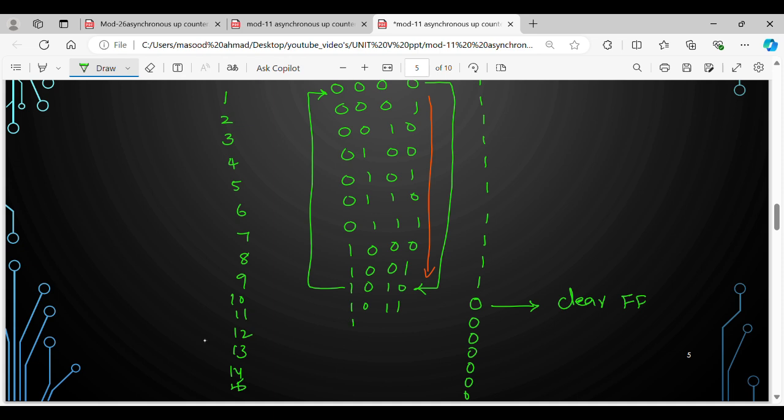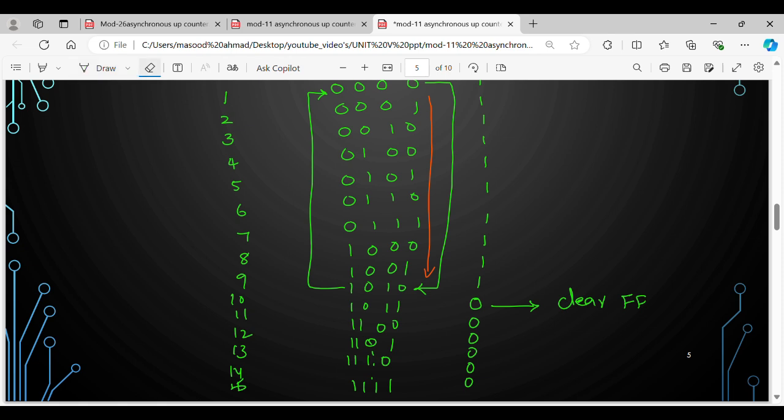For 1011, for 1100, 1101, 1110, 1111, what we are trying to do is making the output equal to 0.